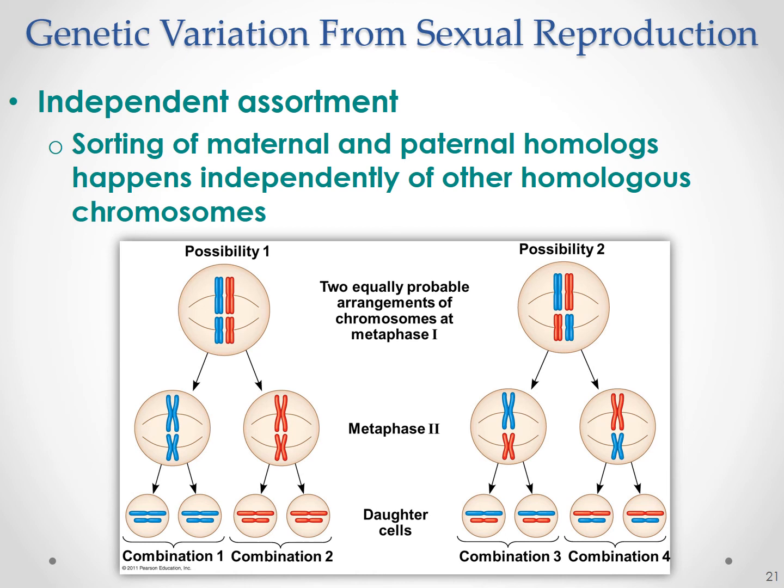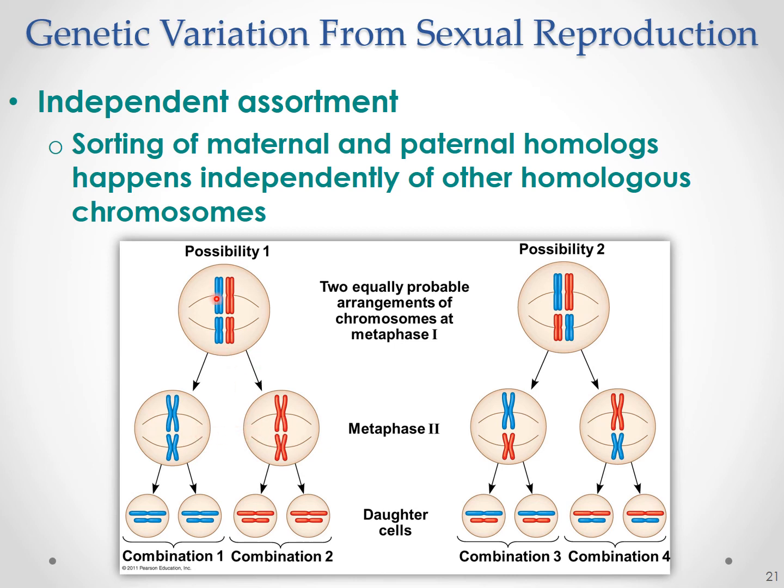Remember when we talked about metaphase 1 and metaphase 2 of meiosis? There are different combinations of ways that these chromosomes can line up at the equator. When the homologous chromosomes, or homologs, separate during anaphase 1, there can be different combinations that result in those particular cells.